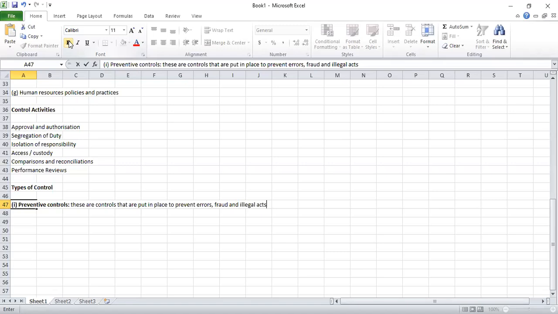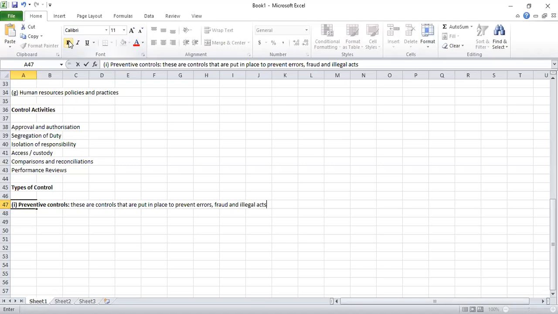We can say all purchases that are above 50,000 should go to tender. Normally, when we do purchases, there should be 3 quotations. We are trying to prevent corruption along the way. So preventive controls are put in place in a bid to ensure that problems do not happen.